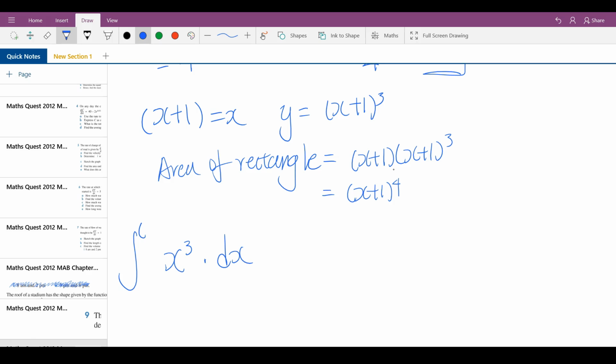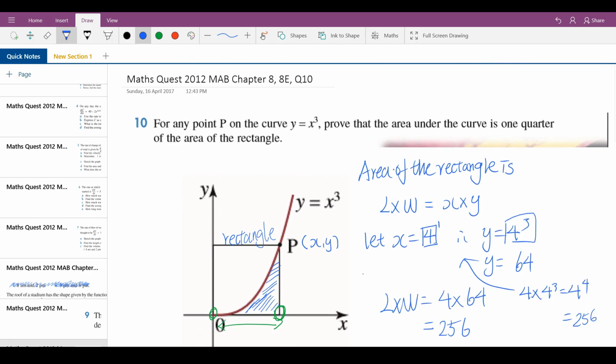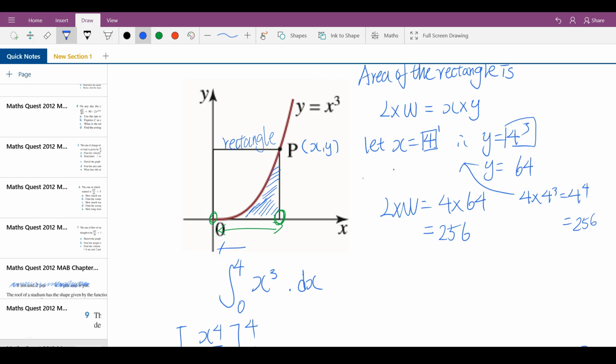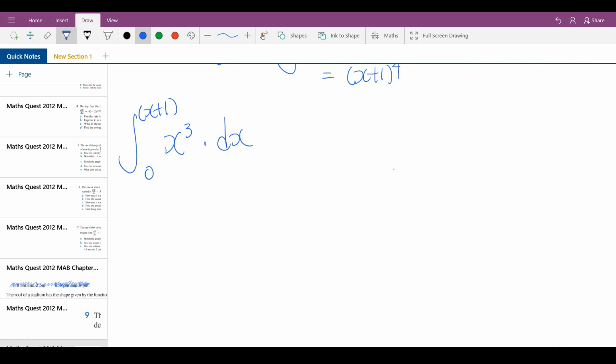This time our x is x plus 1, to 0, because we treat this point as an x plus 1 distance. So we integrate that, and that will give us x to the power of 4 over 4, with x plus 1 here and 0 here. We don't have to do the 0 bit, we know it will become 0, so let's just focus on x plus 1 to the power of 4 over 4.